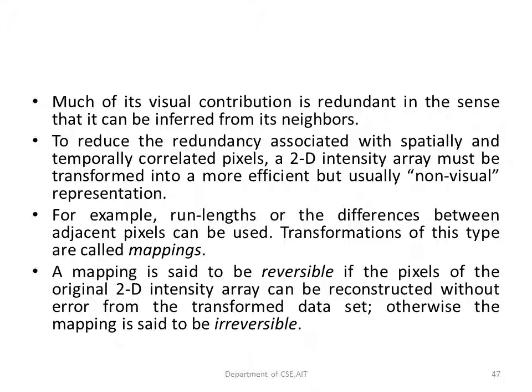The transformation from visual to non-visual is called mapping. This mapping should be reversible, that means you can convert from non-visual to visual and visual to non-visual. The pixels of the original array should be reconstructed without any errors from the transformed data set. Otherwise the mapping becomes irreversible, that means we cannot get back the original image.